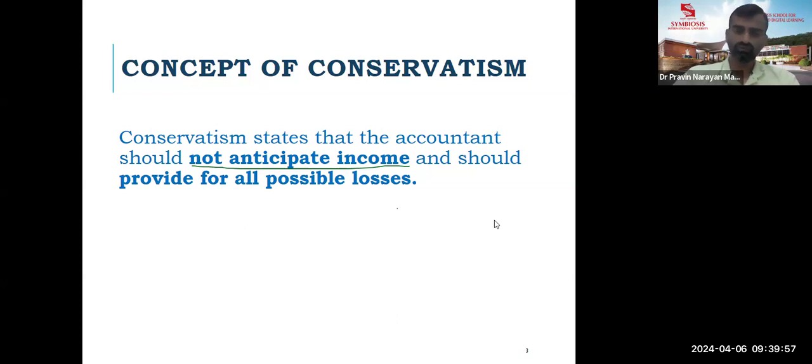No. But if that patient comes to the clinic, or books the appointment by paying a certain amount, then that will be considered as revenue, because they will probably visit the clinic in coming days. So not anticipating income is very important.